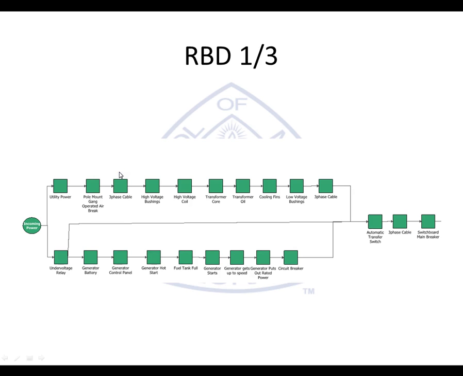Anyway, into the RBD, you can see coming in, the incoming power splits off into 2 parallel paths. This top path would be the utility feed. You can see that from here you get your utility power coming in on the power lines.